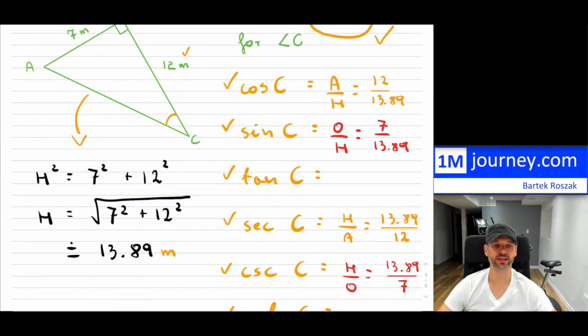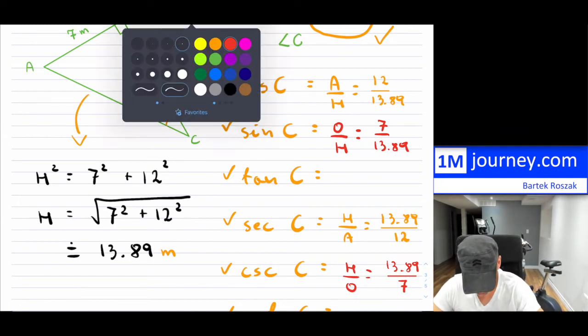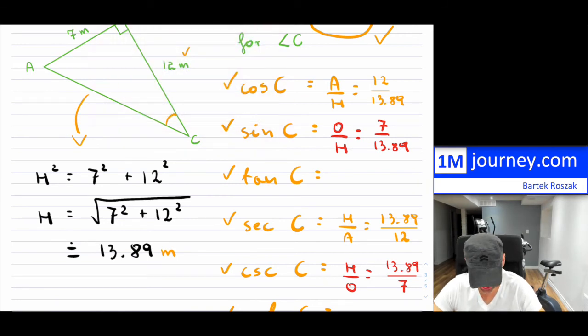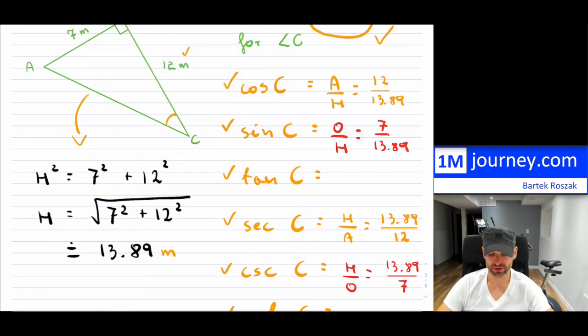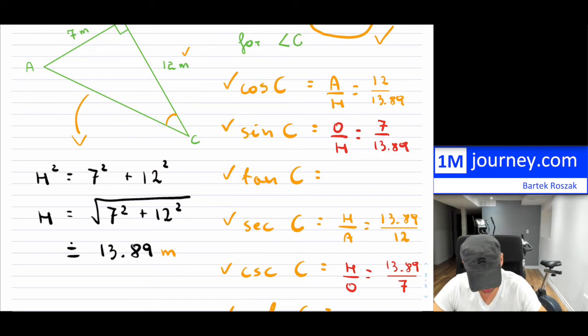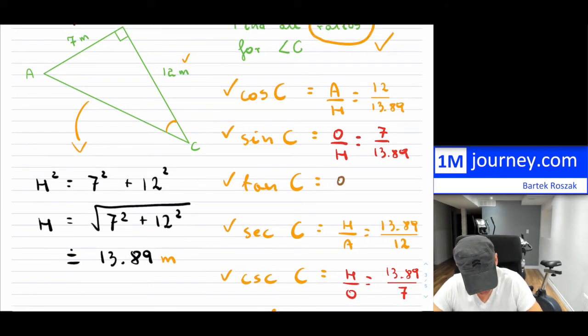So now I already have 4 of my ratios. The last ratio, for the tangent, is simply opposite over adjacent, which is 7 all over 12.